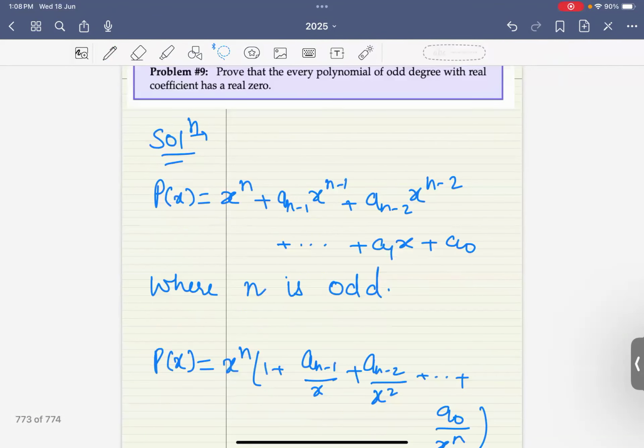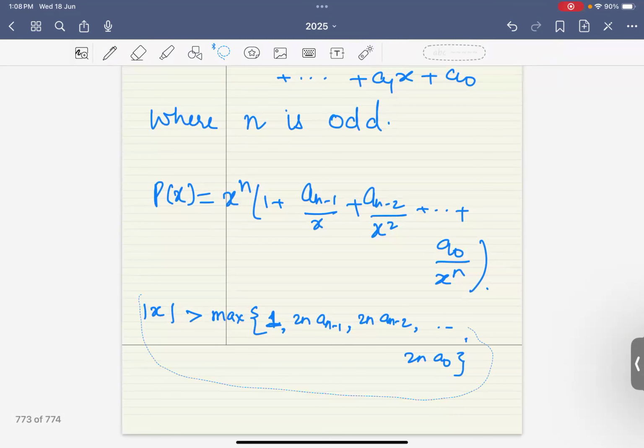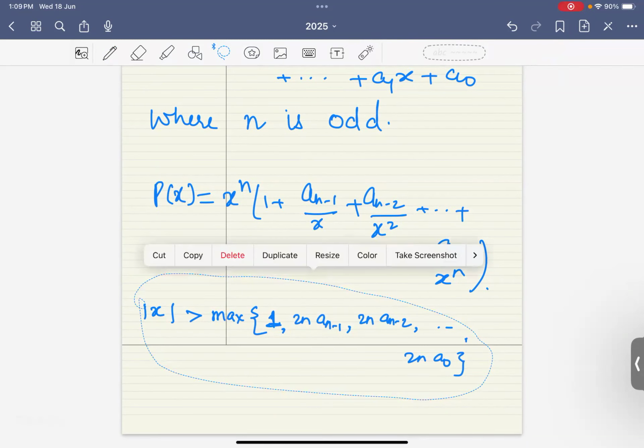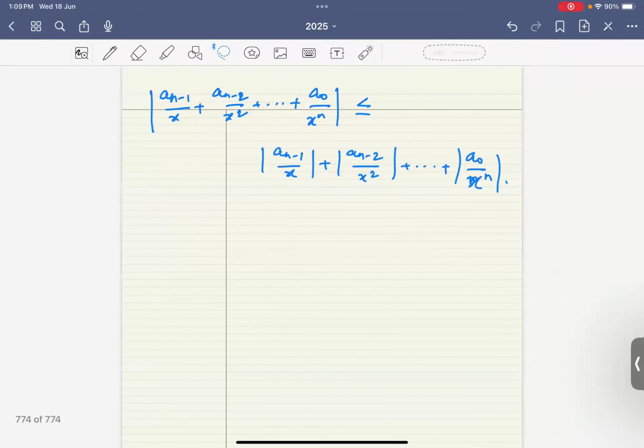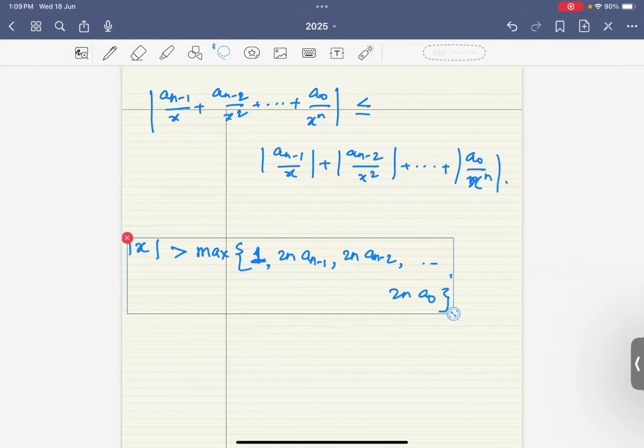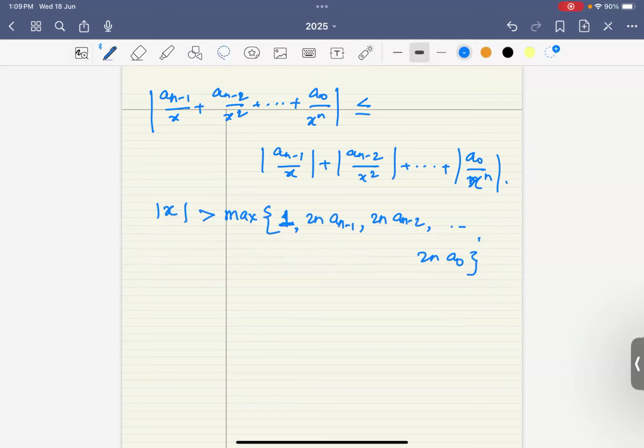I'm just going to copy the conditions for what values of x we are interested in. Since mod of x is greater than 1, this quantity is further smaller than mod of a_{n-1} upon mod of x plus mod of a_{n-2} upon mod of x, and so on, all the way up to mod of a_0 upon mod of x. Convince yourself that this is the case.